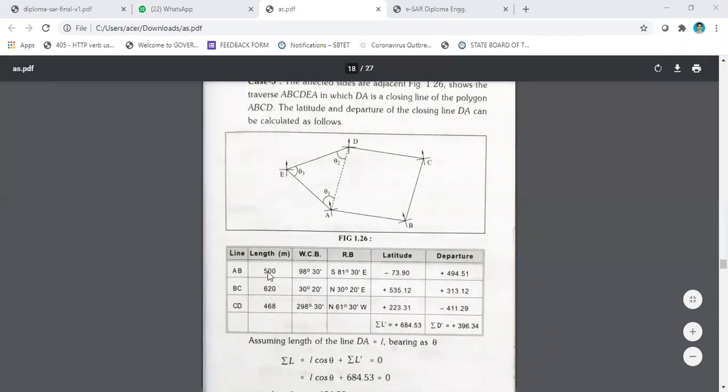L cos theta means 500 multiplied by cos 98 degrees 30 minutes, or 500 cos 81 degrees 30 minutes. Either way you can do. When you substitute the whole circle bearing directly, you will get the negative sign. Otherwise, when you substitute the reduced bearing, the sign has to be considered by ourselves. When you substitute the whole circle bearing directly, you get positive or negative signs directly. Otherwise, you have to look for south and north as well as east and west.